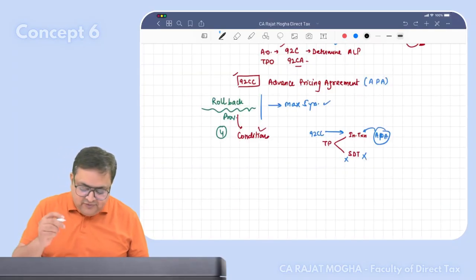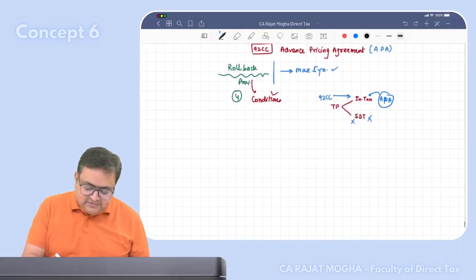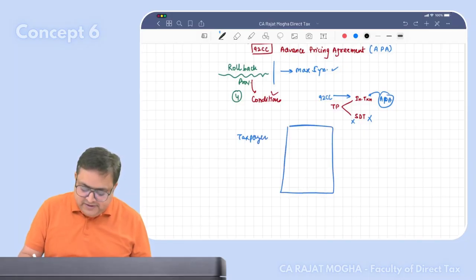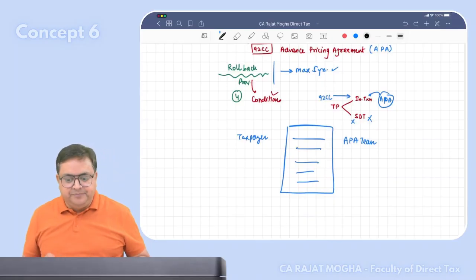Okay. Guys, one more thing. Let's say this is the taxpayer, and both the taxpayer and the APA team consulted each other and defined this ALP. They have given this ALP, right?